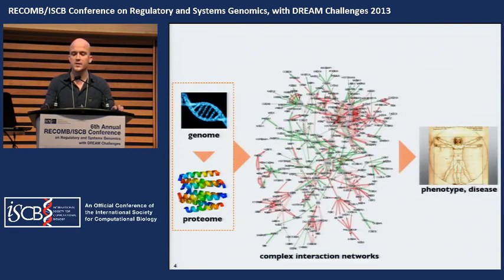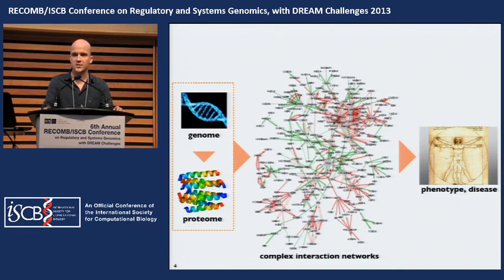So here we decided to take a little step back and think about complex interaction networks that we know are ubiquitous in biology. Previous literature shows that complex interaction networks are involved in determining phenotypes, and that they are disturbed in cancer and disease.